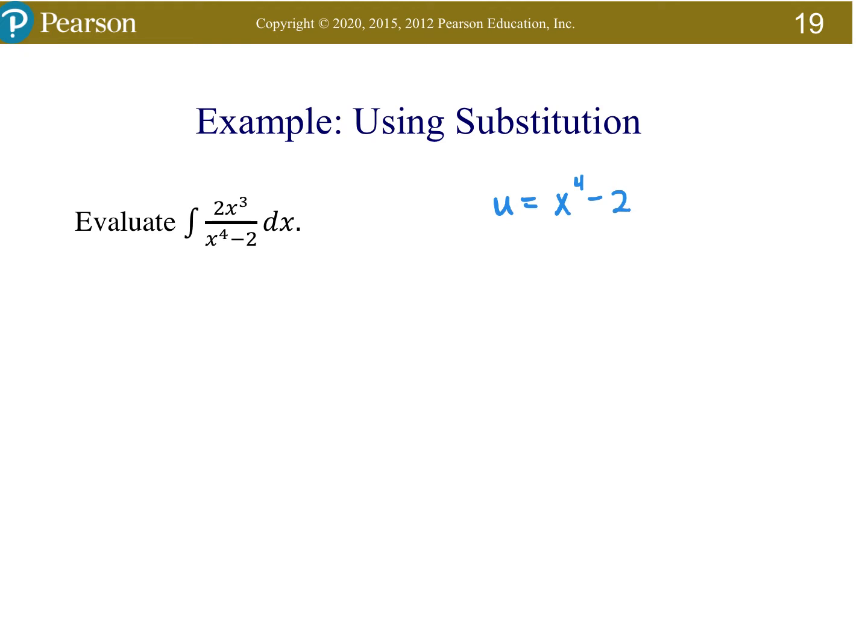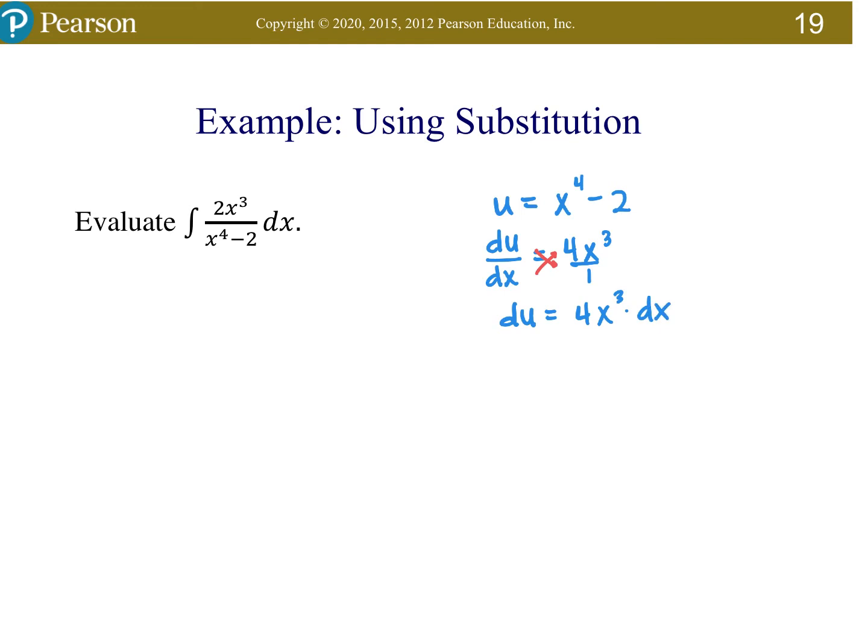Now you want to find the derivative with respect to x. So du over dx, and the derivative then would be 4x to the third. We're going to drop a 1 under that so we can cross multiply. And when we cross multiply, we end up with du being equal to 4x cubed times dx.